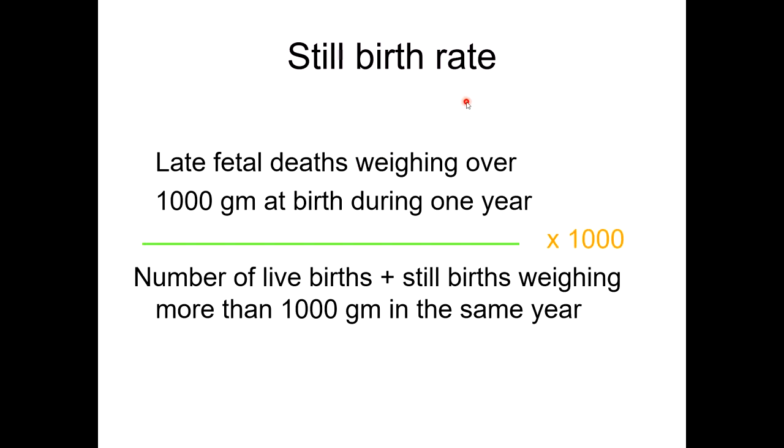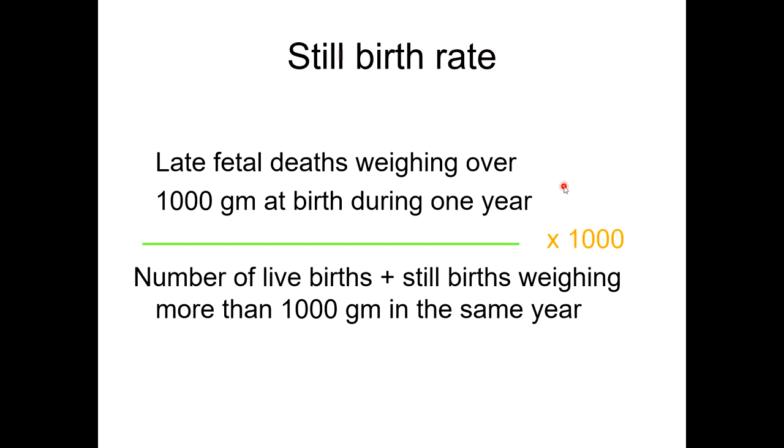So for calculation of stillbirth rate, the numerator will be late fetal deaths weighing more than 1000 grams at birth during 1 year in a specific community in a specific time period, divided by the total number of live births plus stillbirths weighing more than 1000 grams in the same year, into 1000, will give you a stillbirth rate. Remember always, the numerator contains only the stillbirths and the denominator contains the total number of live births plus stillbirths.